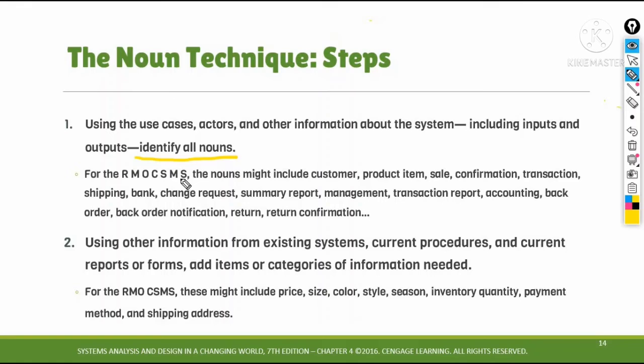Going back to our fictional company, the RMO, and their example information system, the CSMS, the nouns might include customer, product item, sale, confirmation, transaction, shipping back, and so on.